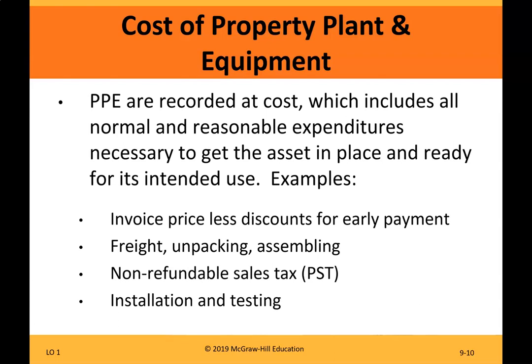Cost of property, plant, and equipment. Property, plant, and equipment are recorded at cost, which includes all normal and reasonable expenditures necessary to get the asset in place and ready for its intended use. Examples: invoice price less discounts for early payment, freight, unpacking, assembling, non-refundable sales tax like PST, installation and testing.